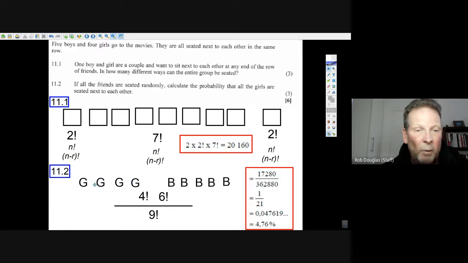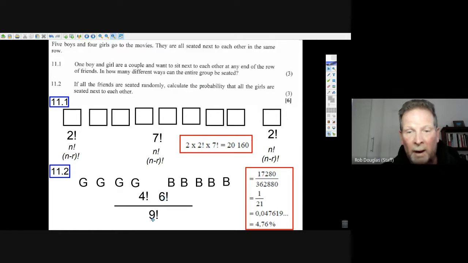And how many different ways can all those girls be arranged is 4 factorial. But we treat them as one, like we tied a rope around them. You've got the 5 boys plus that one group that's all tied together. That's 6 factorial. So the total possible permutations for that is 4 factorial times 6 factorial.